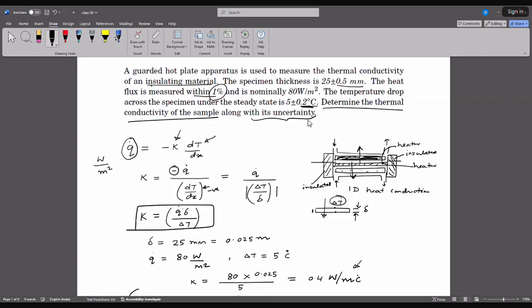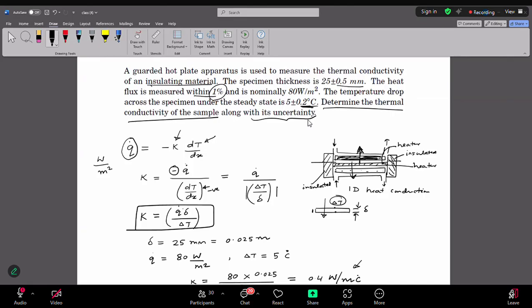This is the heater, so heat will only flow through this thickness. So this is a rectangular geometry, and here heat loss is neglected. The next question, we will talk about where heat loss is considered.